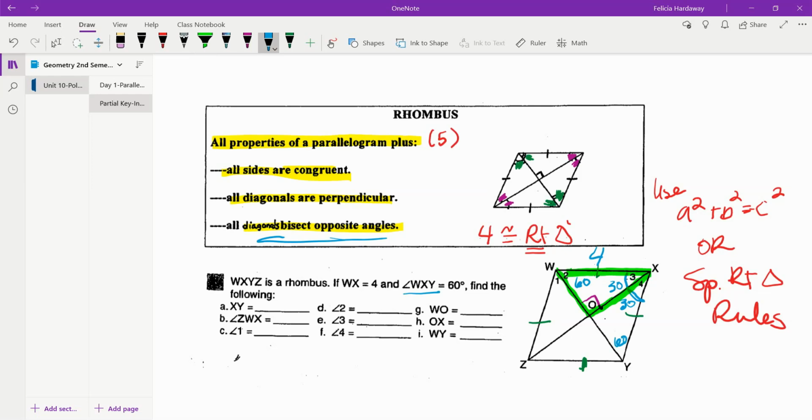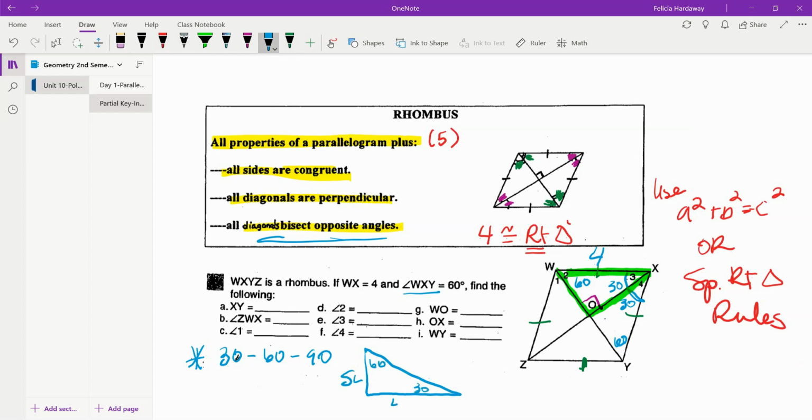So your hint for these problems is to remember your 30-60-90 rules. If I was to draw one, you would have a short leg, that's opposite the 30.